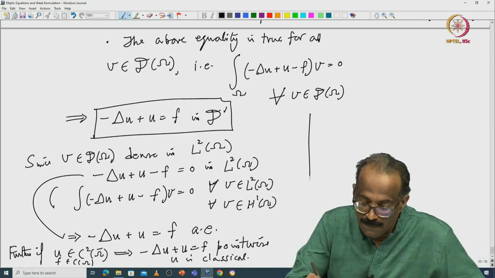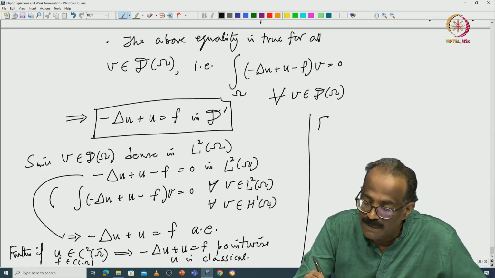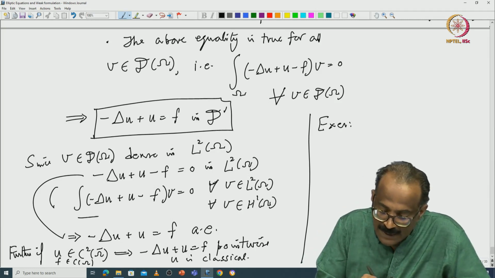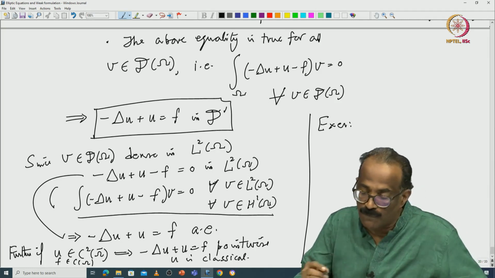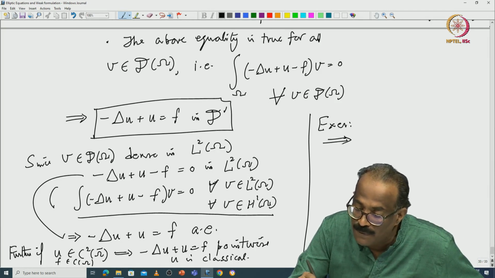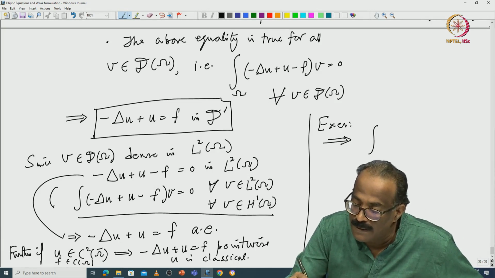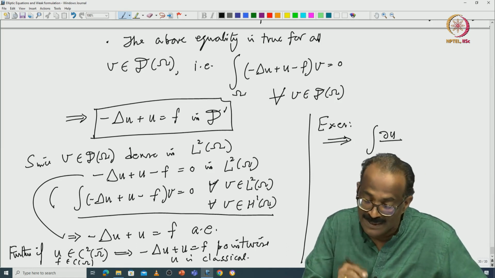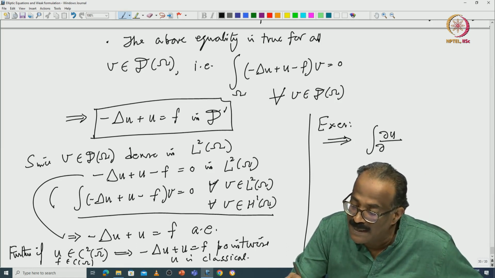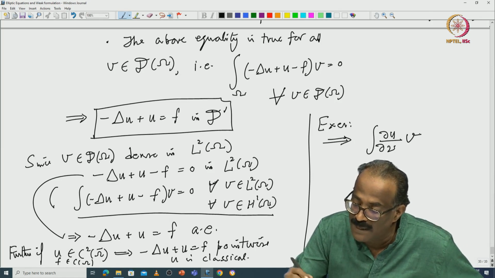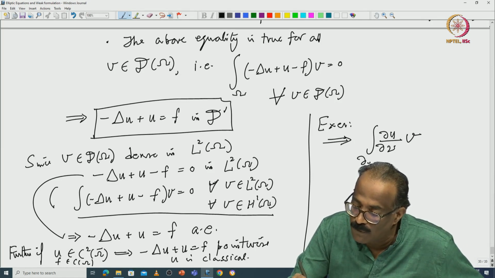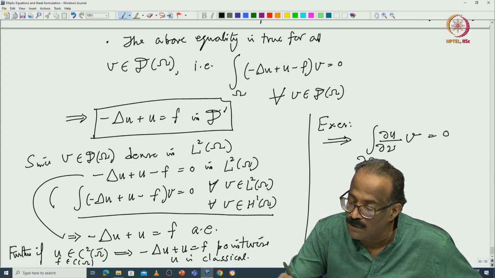So, this way you can do a little more exercise from here. Since now you have got these things, for v in H1 of omega, this will imply the integral of du by d nu times v. You do an integration by parts at this stage. From this integration by parts, you get that the integral over the boundary of omega of du by d nu times v is equal to 0 for all v in H1 of omega.